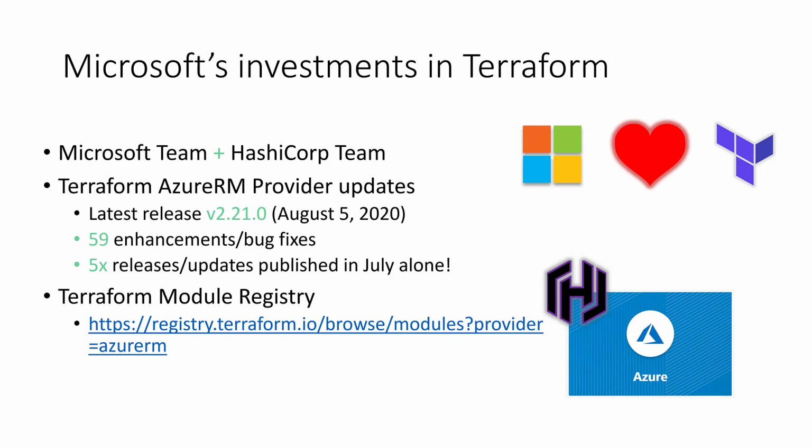In that release, there were 59 enhancements and bug fixes to the provider. And in July, there were five releases or updates that were published. So generally it's once a week, but obviously it's flexible based on the needs, and we are continuing to iterate and build into the provider additional feature sets, which we'll show in a moment.